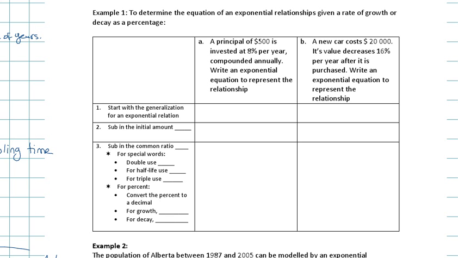It's because it's invested at 8%. It's not removing. You're not removing. You're earning 8%, right? So I know that I have to start with the equation, which is A equals A0, 1 plus I to the power of n.